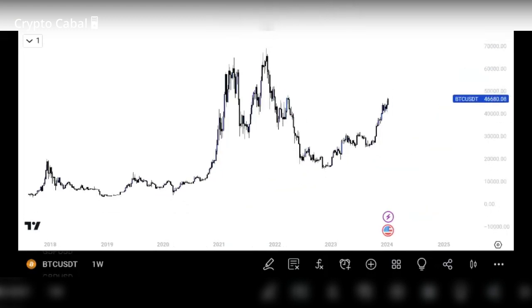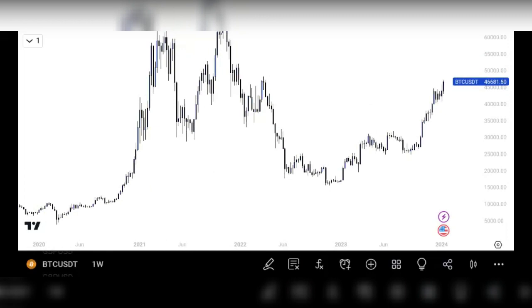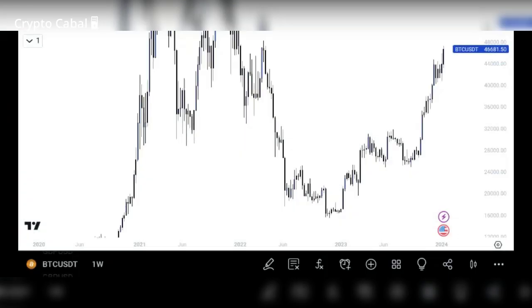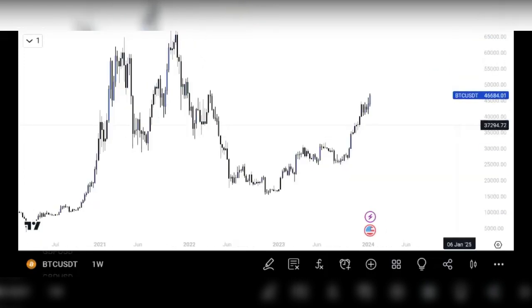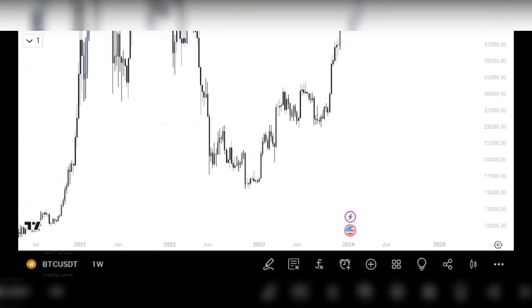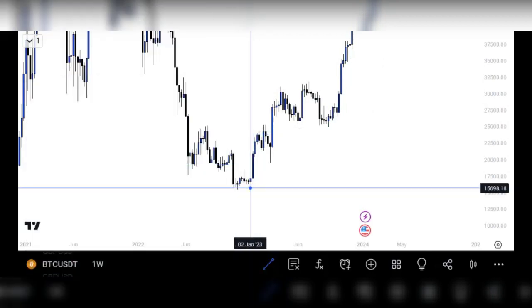But currently, if you want to start from whatever we've talked about, we talked about market structure, right? Presently, if you check the current trend on BTC, you would notice that BTC is bullish at the moment. It's very, very bullish, and in as much as it's bullish, it has created a series of higher highs and higher lows.